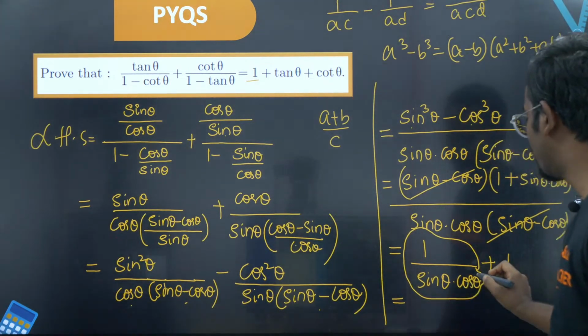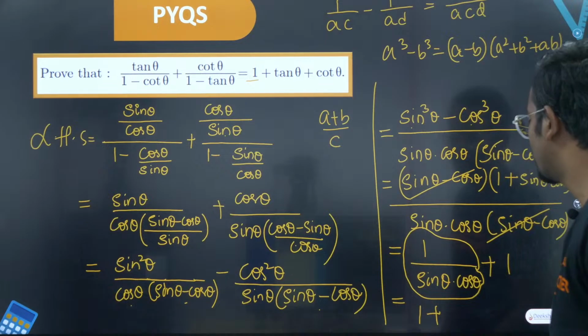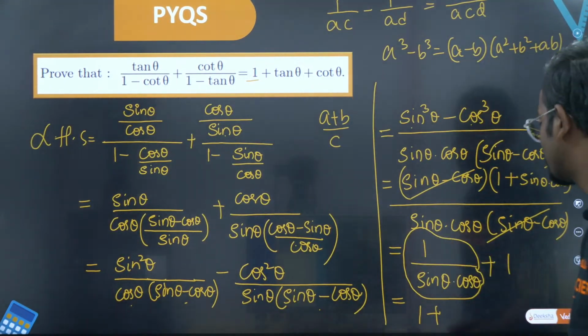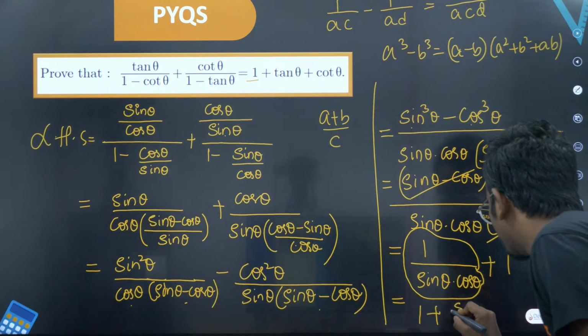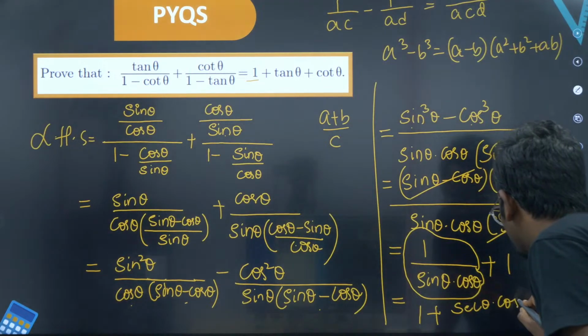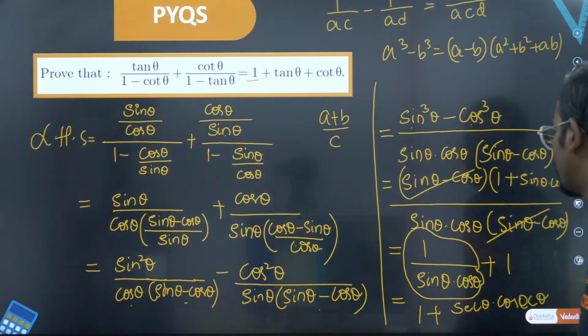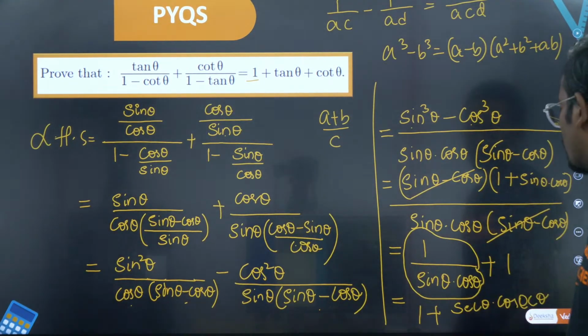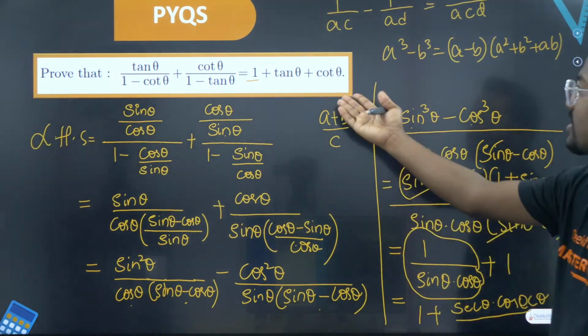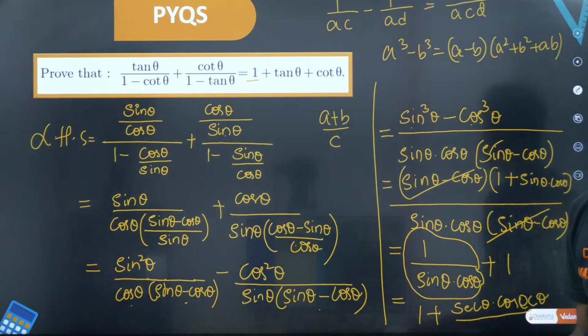So you have 1 plus 1 by sin theta cos theta. Can I write it as secant theta into cosecant theta? Your job is to make sure that secant theta into cosecant theta is nothing but tan theta plus cot theta. That is your homework.